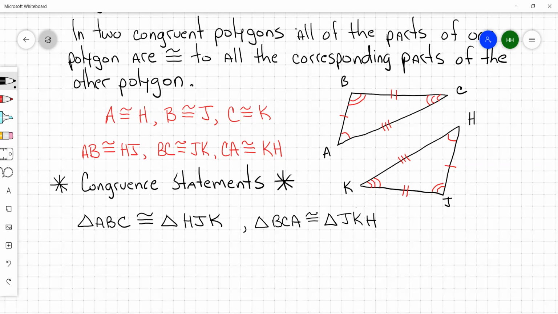And A and H are still in corresponding positions. So both of these are correct congruent statements. And there's a third one we can write, isn't there? Anybody want to try it? Triangle CBA is congruent to triangle KJH.